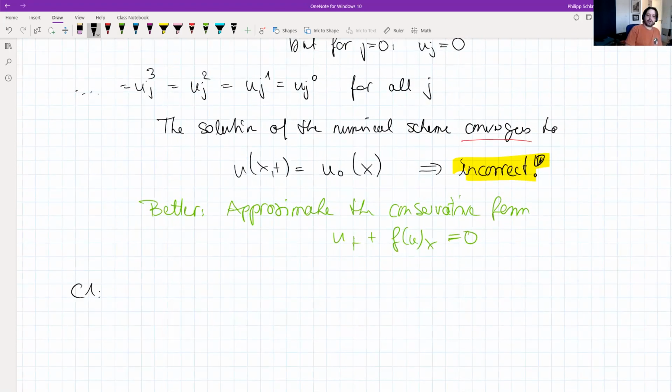Let's now go back into stability and what stability means in a more physical sense when it comes to conservation laws or convection-dominated hyperbolic problems.